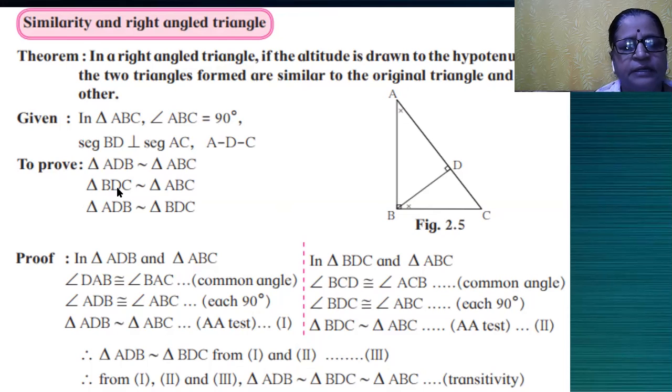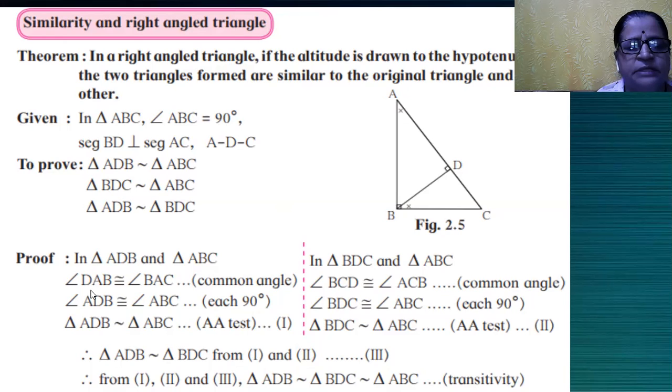Then the second triangle BDC is similar with this ABC triangle. And third is ADB similar with BDC.